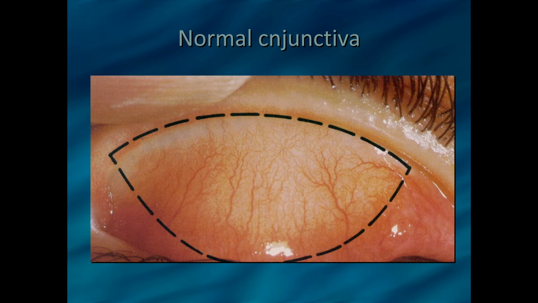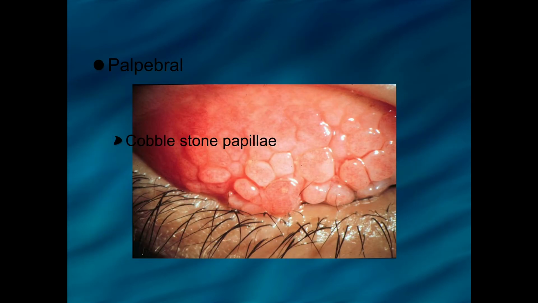If this is the normal conjunctiva, as we can see here, these are the vessels that are parallel to each other, and we can see them clearly here when we evert the lid. While in spring catarrh, we can see in the palpebral type what are called cobblestone papillae.